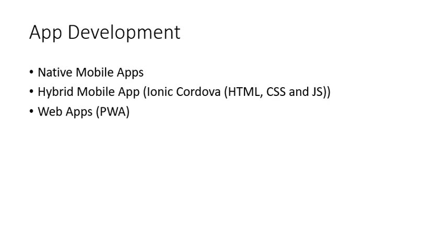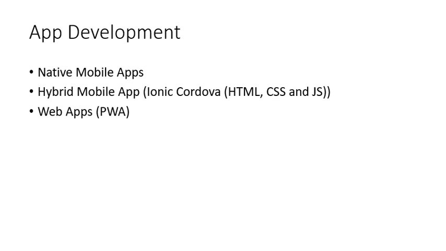This is a trending topic in future. There's no need to build separate applications, one for iOS, one for Android, and one for web. A progressive web app helps us create all three apps in one place.